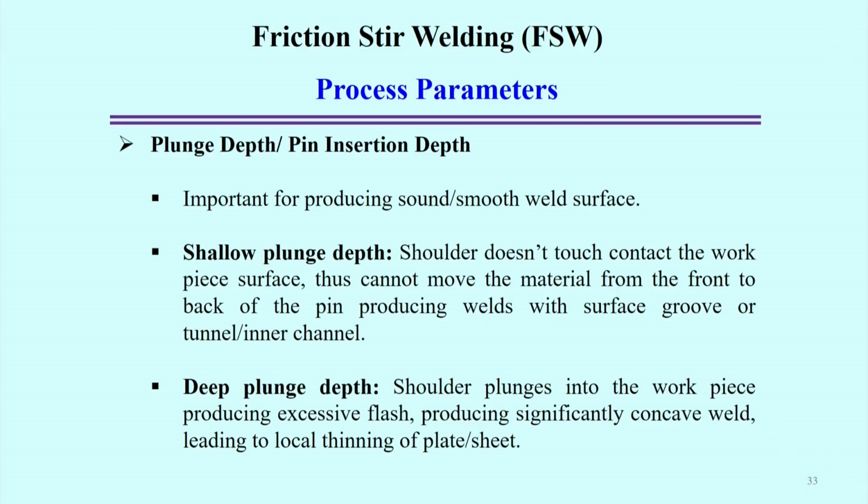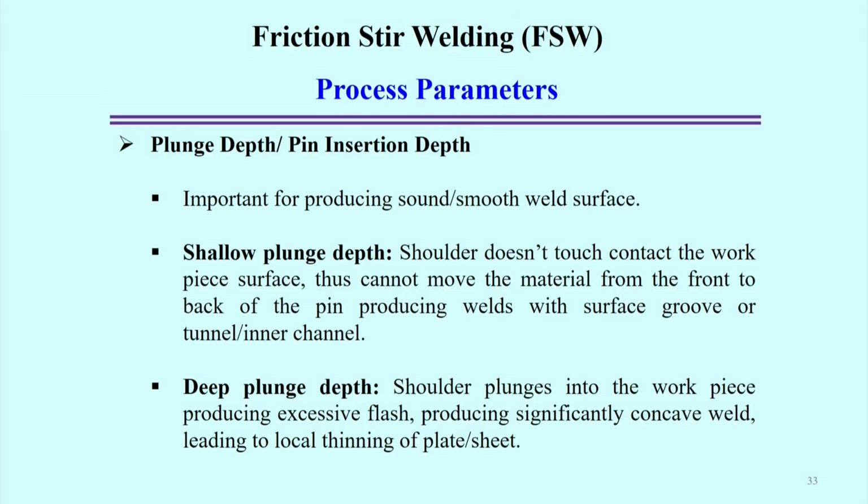For producing a sound and smooth weld surface, we normally prefer a deep plunge depth, because if we provide a shallow plunge depth, meaning the depth is very small as compared to the thickness of the material, then in most cases we cannot move the material from front to back, and the pin produces a surface groove with a kind of tunnel or inner channel.